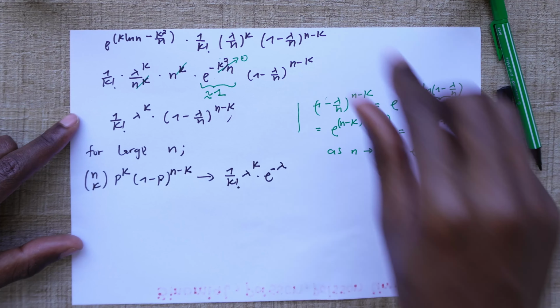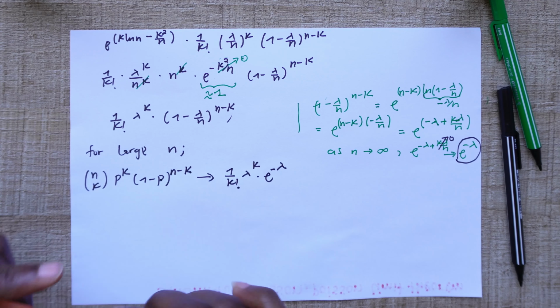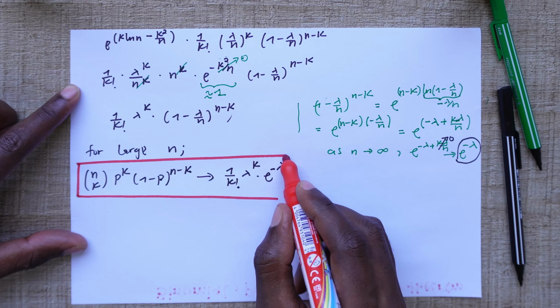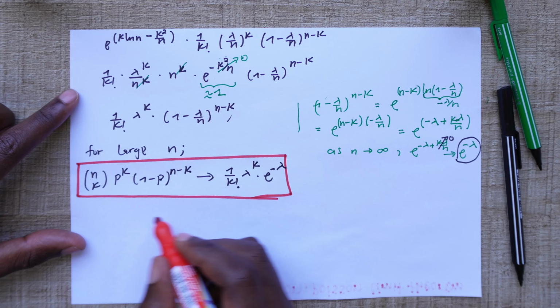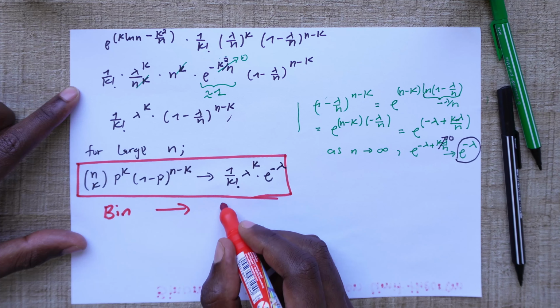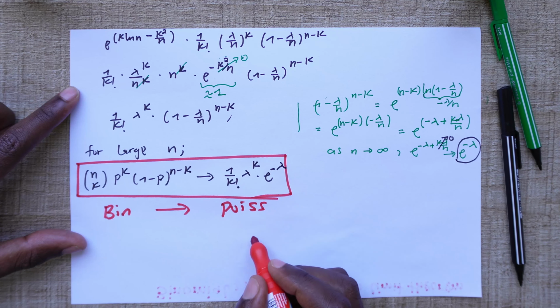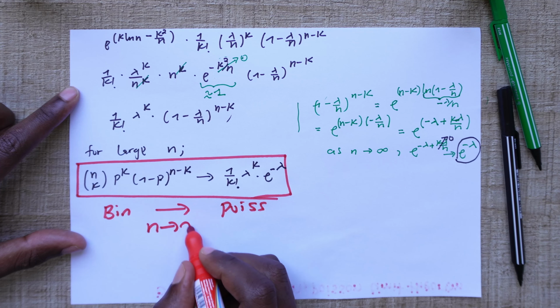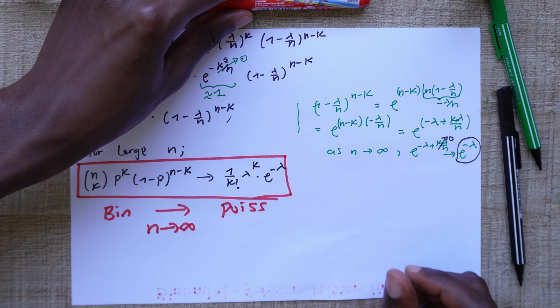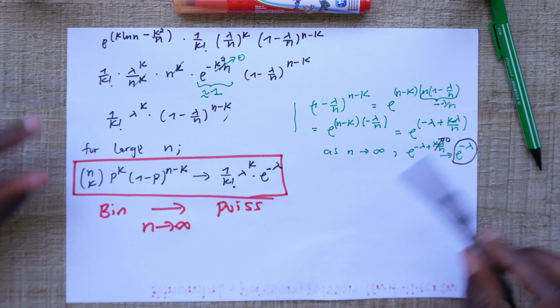And this is just the expression of the Poisson distribution. So we arrive at the conclusion that the binomial turns to a Poisson distribution in the limit n tends towards infinity. Okay, hope that's clear.